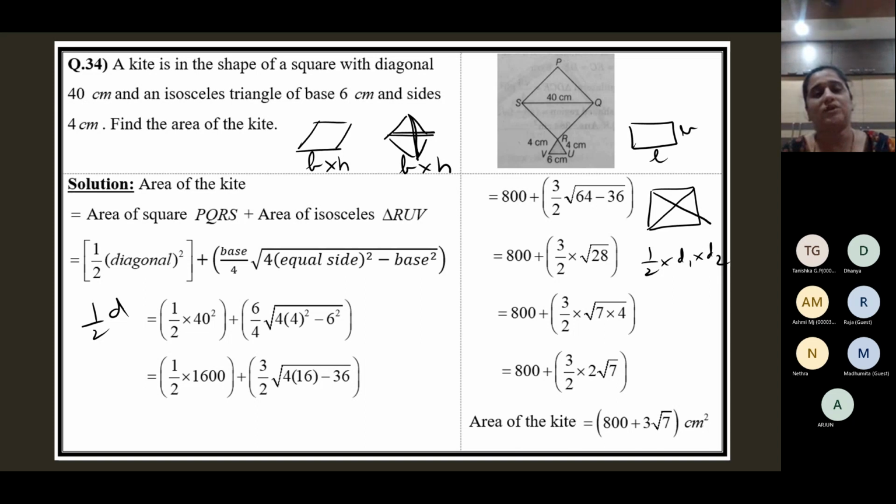But in a square, diagonals are equal, so there's only one diagonal d. So it's half into d into d, half d square. Is it relatable, children? Following?